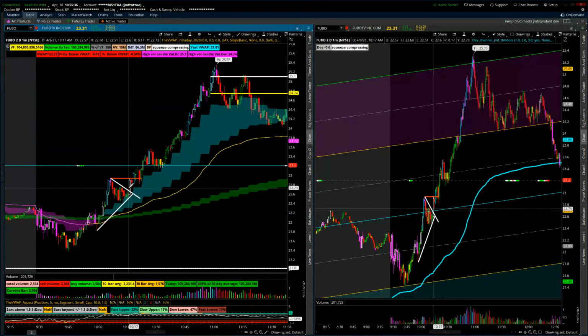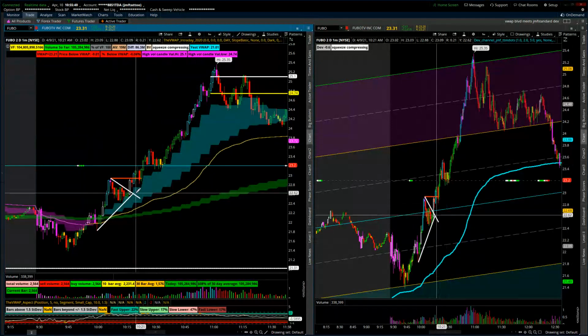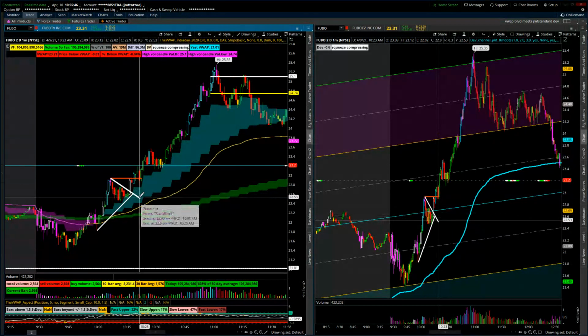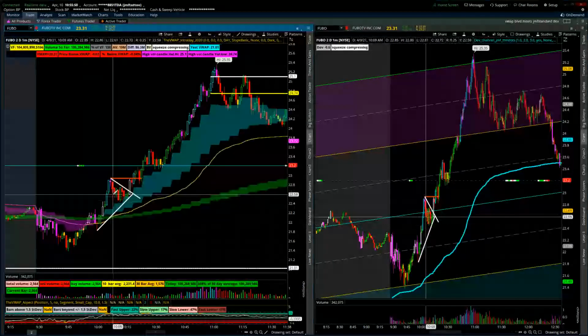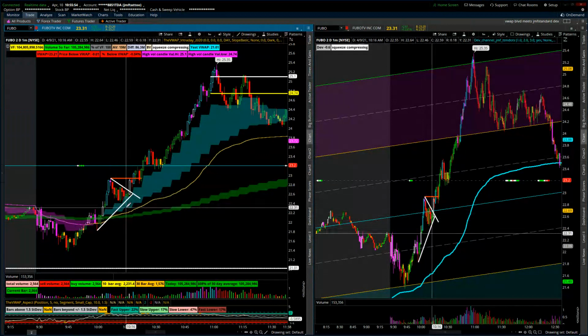Would it? I don't know. That's why I want to track it. So we've identified the setup that we want to track. Now we need key data about that because we don't know. Is this going to work better in small caps? Is it going to work better in large caps? Does it work better on stocks with a 1 million float or a 100 million float?